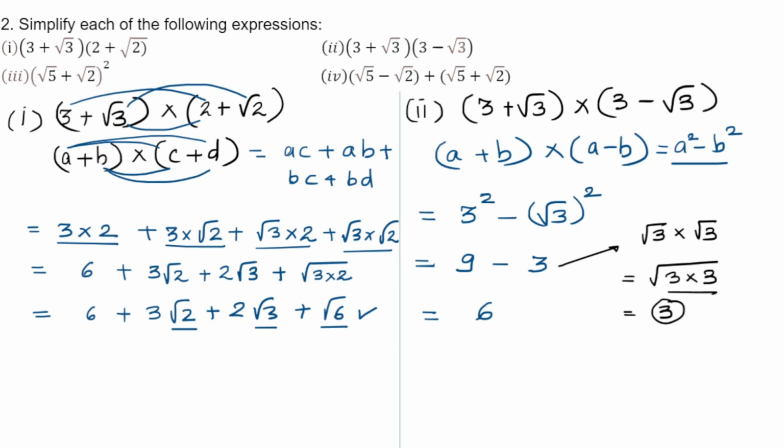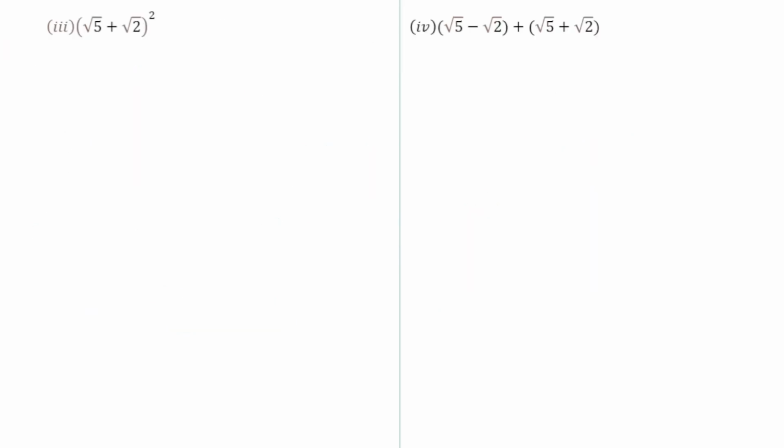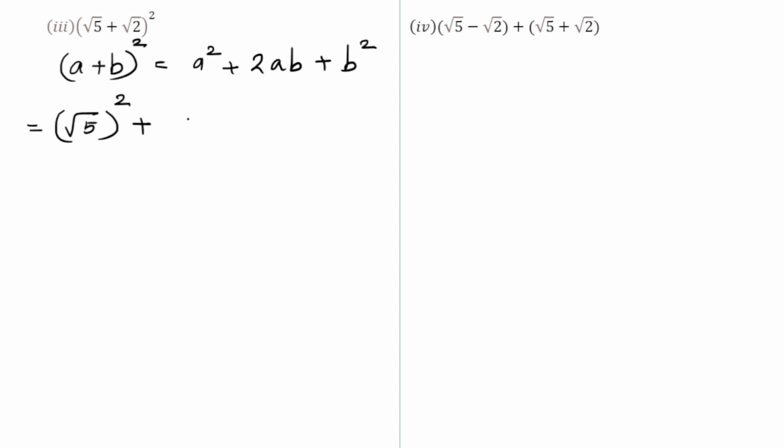Now let us solve the next question, which is question number 3. We have to simplify root 5 plus root 2 whole square. Now we can use here this identity a plus b whole square, which is a square plus 2ab plus b square. So a square is root 5 square plus 2 into root 5 into root 2 plus b square is root 2 whole square.